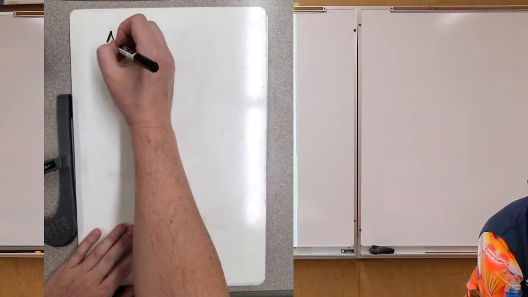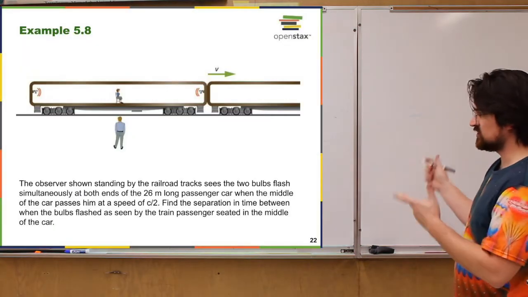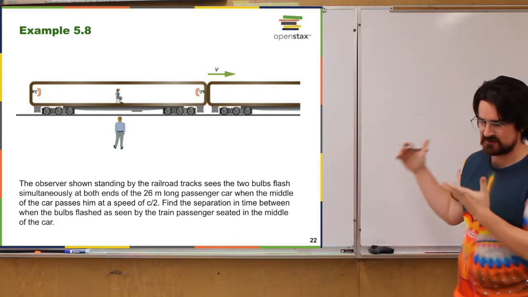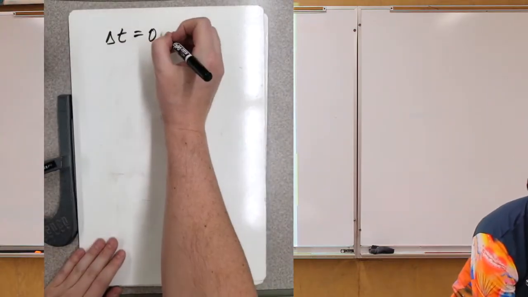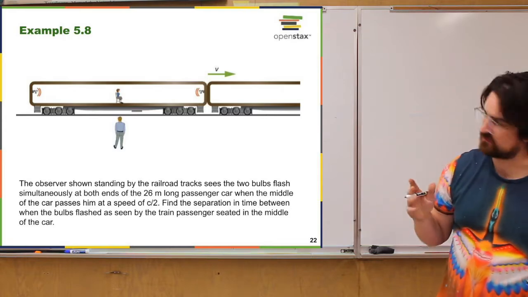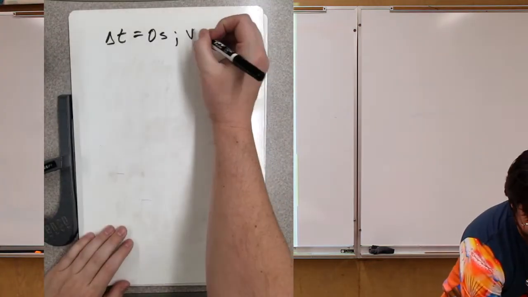Okay, so the time interval in the stationary frame, the person standing on the earth watching the train zoom by, that time interval is 0. These are simultaneous events. The relative velocity of these frames is v, which they tell us is half the speed of light.